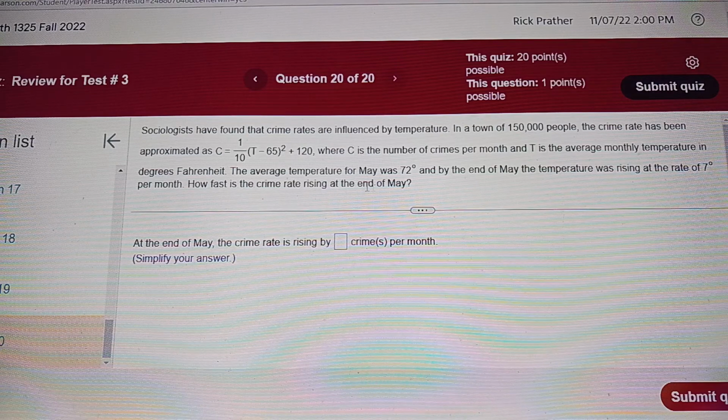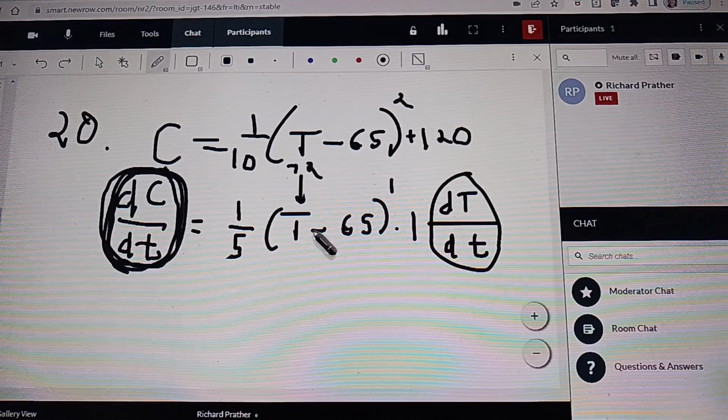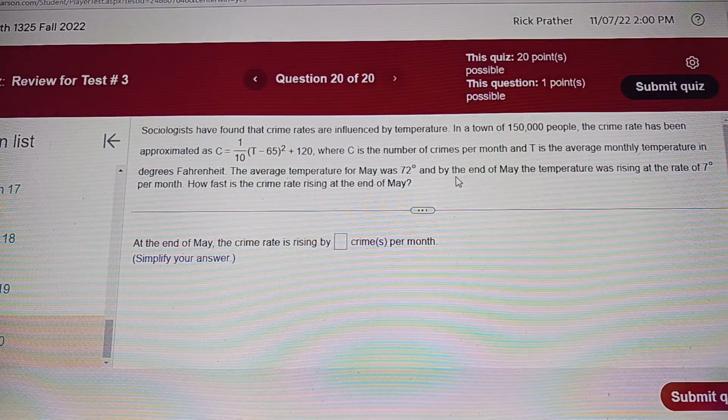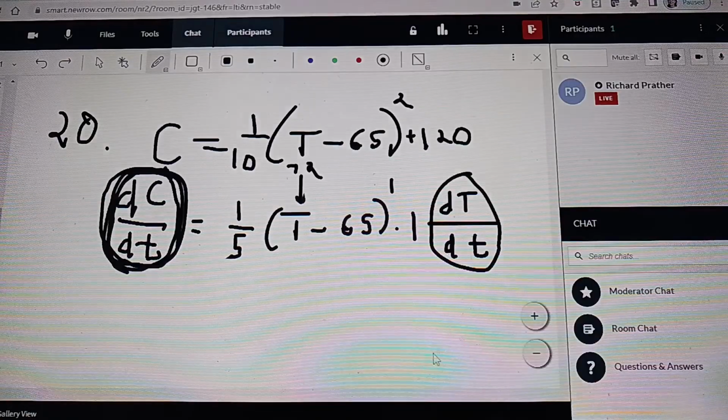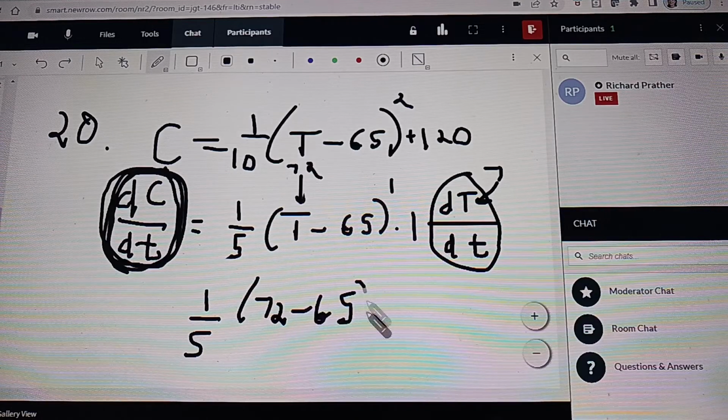How is crime changing at a specific moment in time? When the average temperature is 72 degrees, that's the temperature. If the temperature is exactly 72 at that moment in time, how is the crime changing? If the temperature is changing, by the end of May, temperature is rising, positive, rising at a rate of 7 degrees. So this is 7 right here, positive 7. So plug 72 in for T. We don't need these extra 1s.